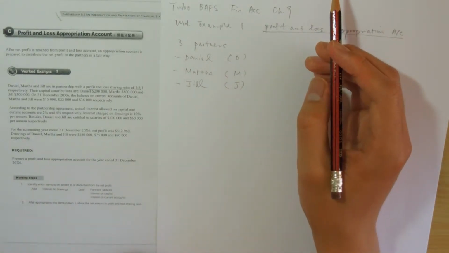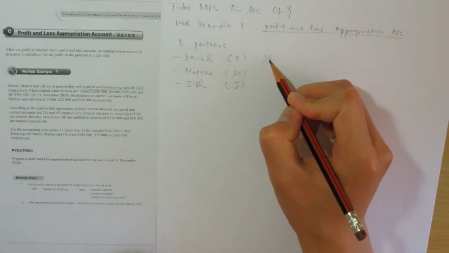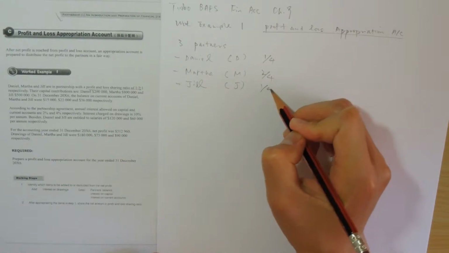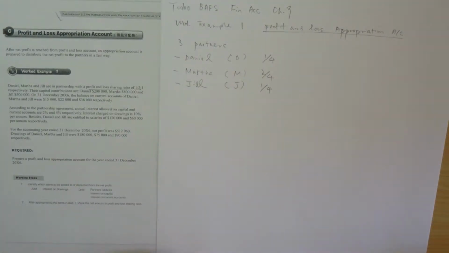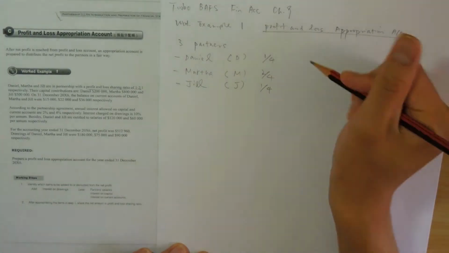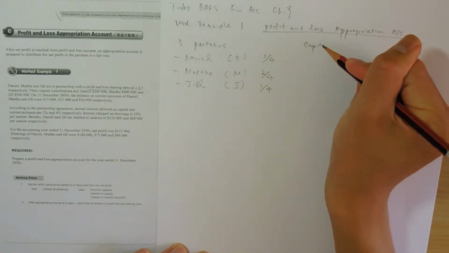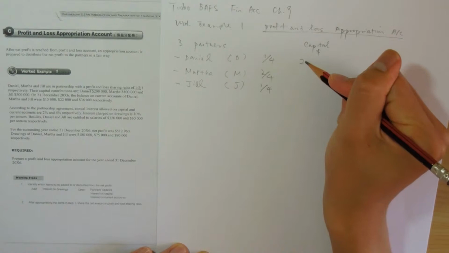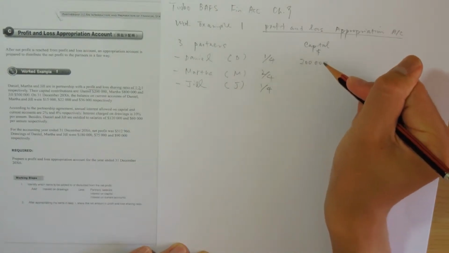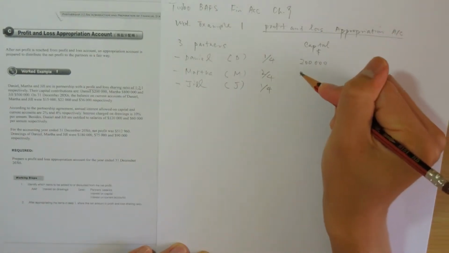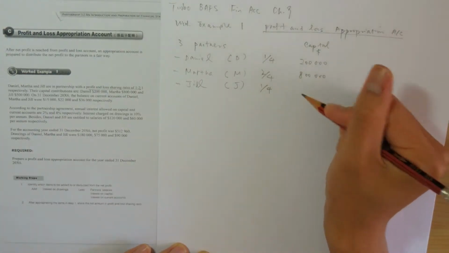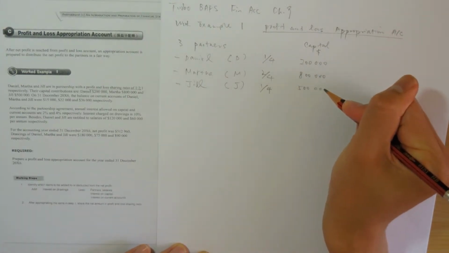That means the total is 4: 1 over 4, 2 over 4, and then 1 over 4. And they have contributed different capitals. Daniel contributes 200,000, Martha contributes 800,000, and Jill contributes 500,000.